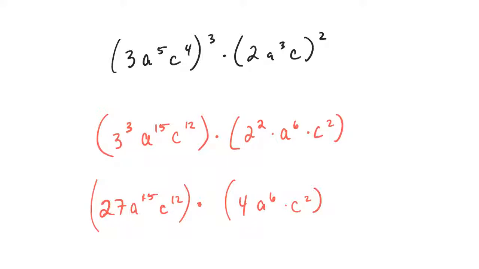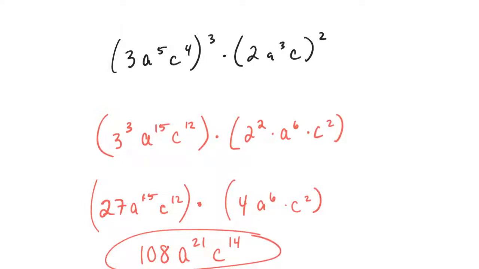What do we get from that? 108, yeah? 108 a to the 21st power, c to the 14th. Okay, very good, Clark. So again, remember to apply that power rule first, then go ahead and multiply through. The other one that was the second part on the quiz was like this.